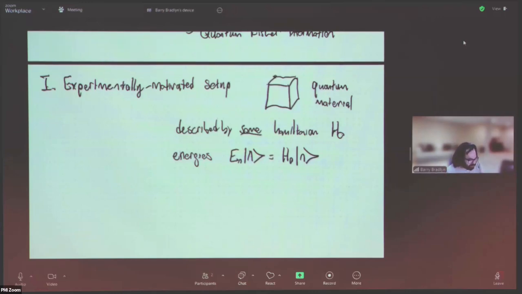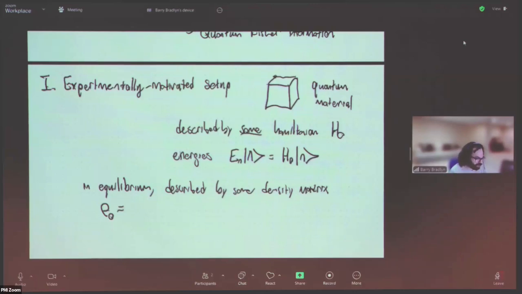The system is in equilibrium. Then the state of this material is described by some density matrix. We'll call it rho naught. And rho naught is the sum over all of our eigenstates, some probability of being in one of the eigenstates, and the projector onto those eigenstates.